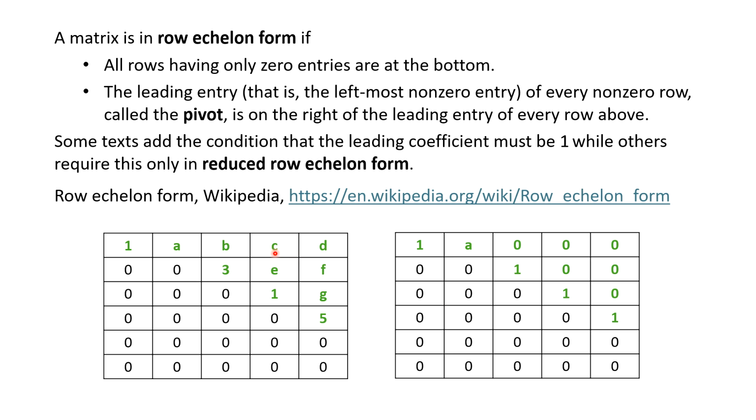And in order to get from here to here in our example, we divided this row by 3, this row by 5, excuse me. So we get 1s here, and then you can use the 1 here to eliminate the B using a row operation. Then the 1 here to eliminate the E and the C using row operations, and then the 1 here to eliminate the G, F, and D, again using row operations.